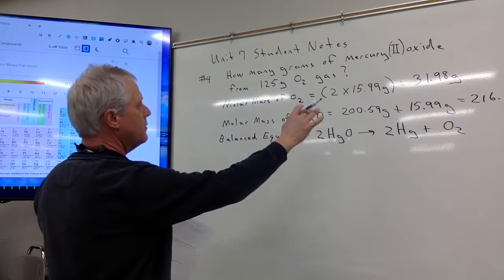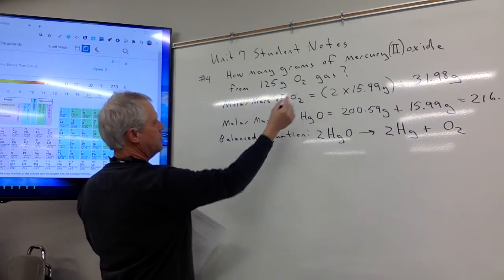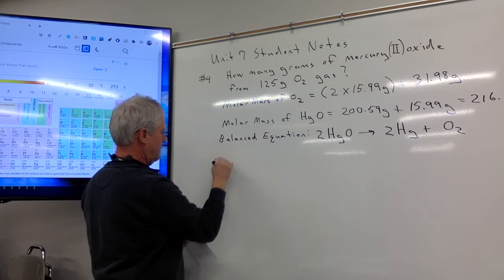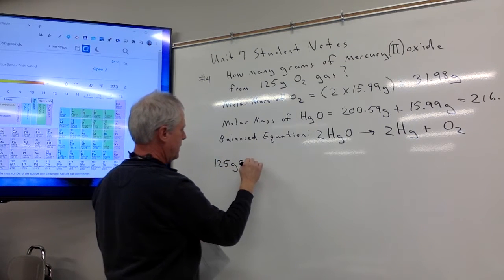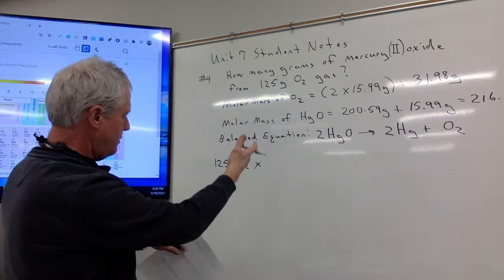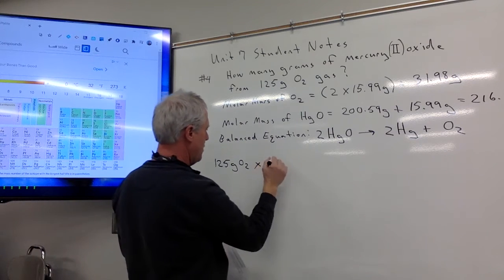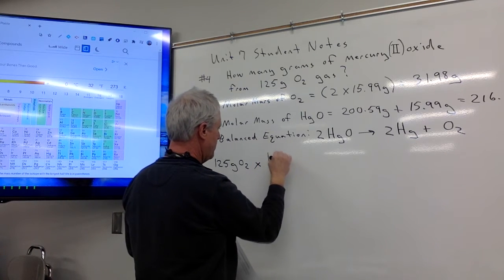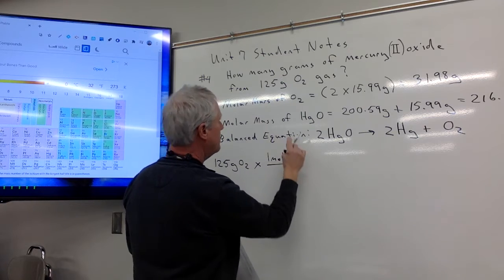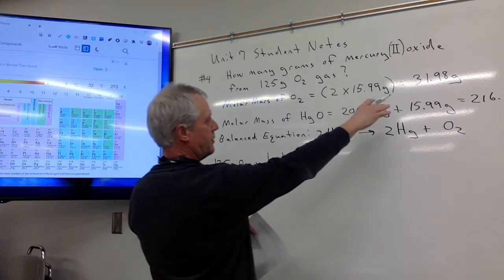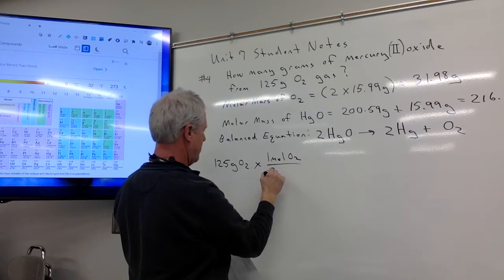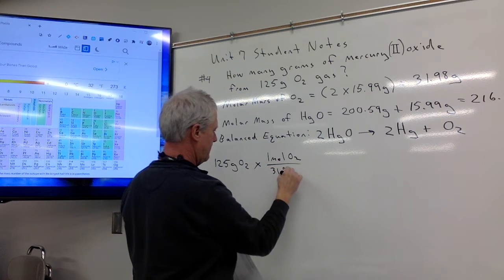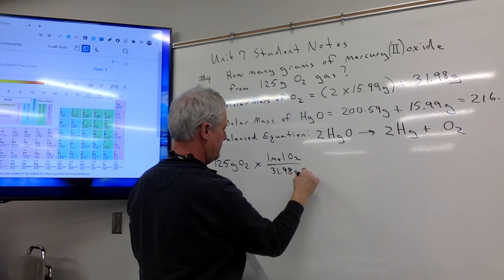Okay, so we want to start with what's given here in the problem, which is 125 grams of O2. That's where we start. Now we need to do the molar mass ratio. So in 1 mole of O2, we've decided there is 31.98 grams of O2.